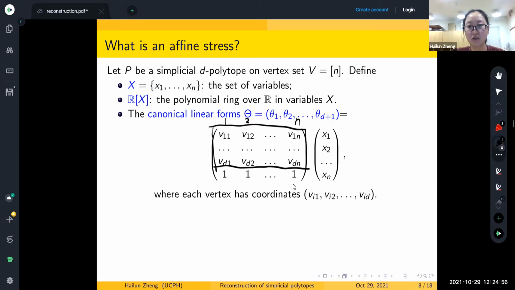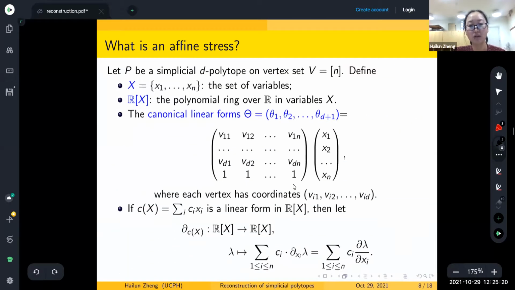In particular, from this definition, you see that theta d plus 1 is always x1 plus x2 plus all the way to xn, just the sum of all the variables. But the other theta i's have something to do with the realization of the polytope. So this is something that you want to remember.